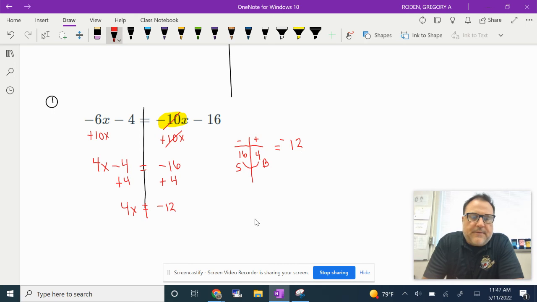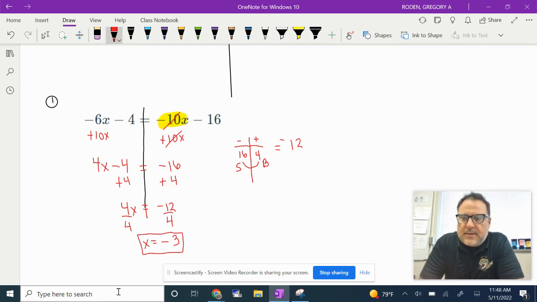Then we divide both sides by 4, and a negative divided by a positive is a negative, and 12 divided by 4 is 3. So our answer for number 1 is x equals negative 3.